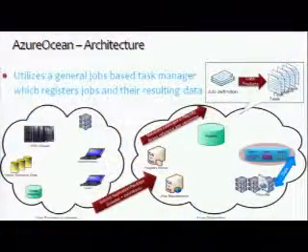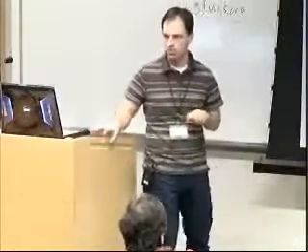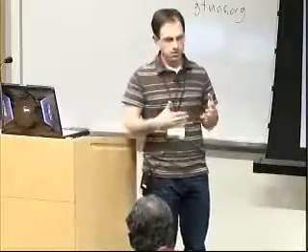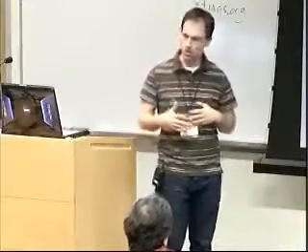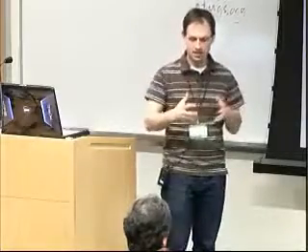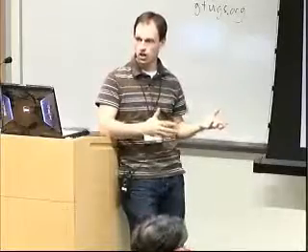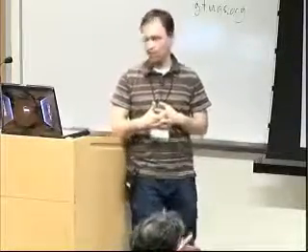All right. I did want to also point out not just how Azure worked, but that Azure Ocean project which we're working with. It operates on a much different principle, a much different pattern. In this case, what we're actually doing is we're using a registered type system where you say that you have some sort of computation, and it doesn't have to fit any particular model other than to say that this has to work on some sort of data to produce some sort of data, and you can register that up into a central database.